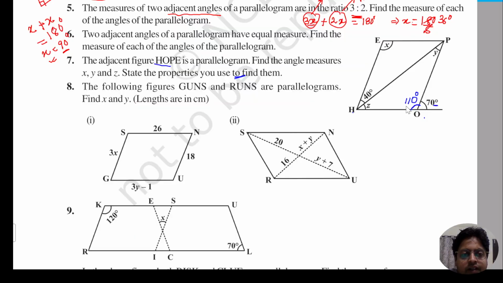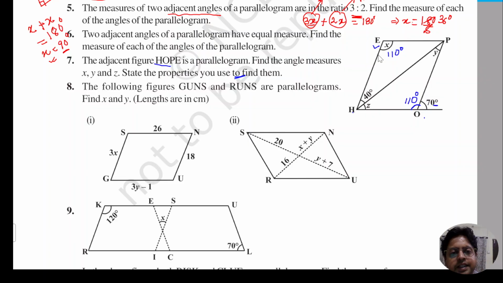Next, since opposite angle of parallelogram are equal, this X is going to be equal to 110 degree. So we just found X by using a property of parallelogram, that is opposite angles are of equal measure.